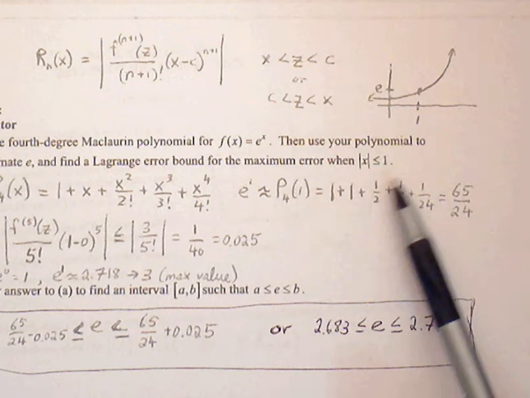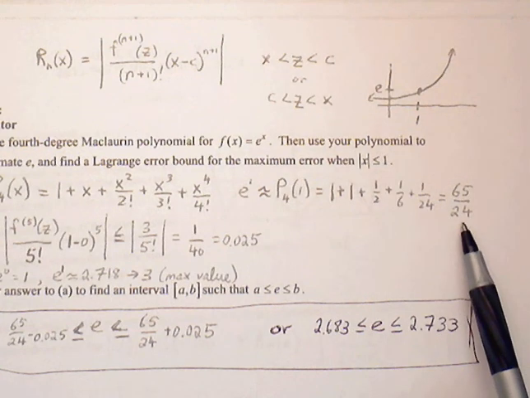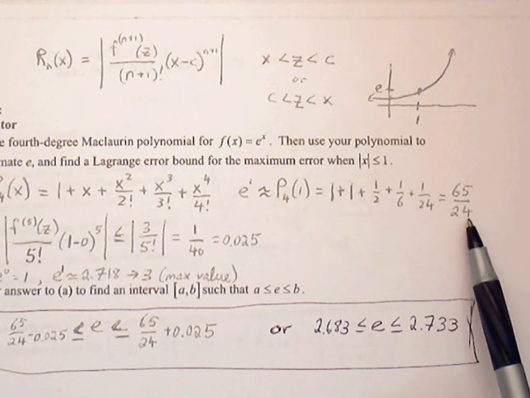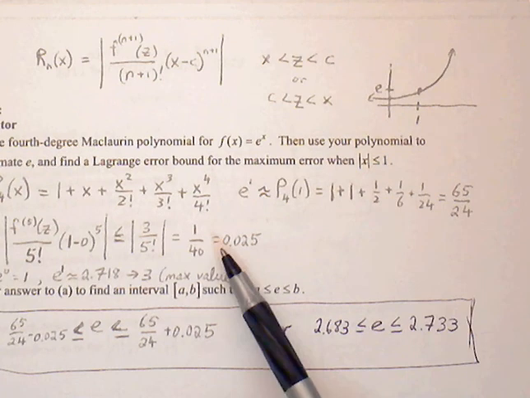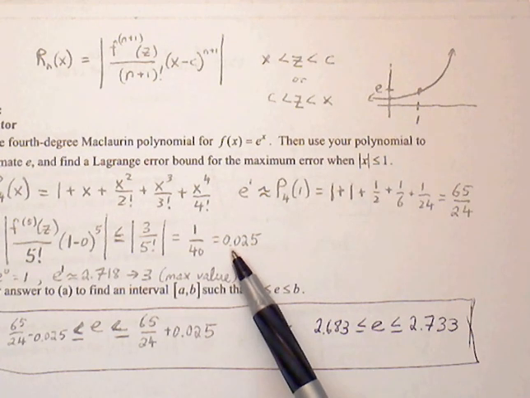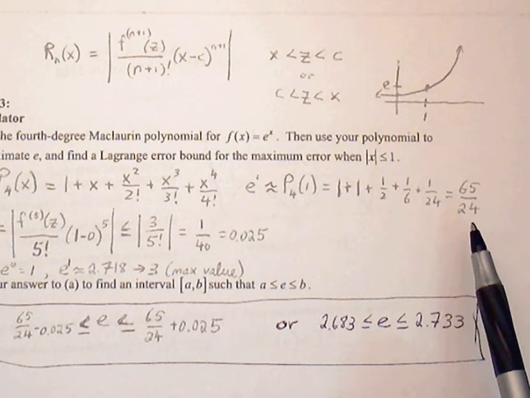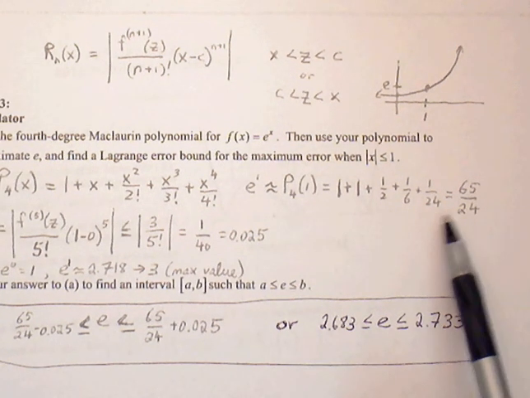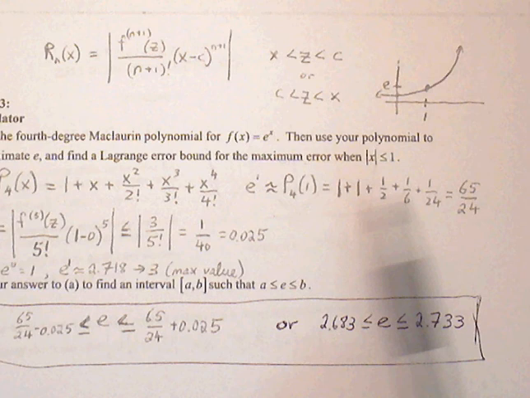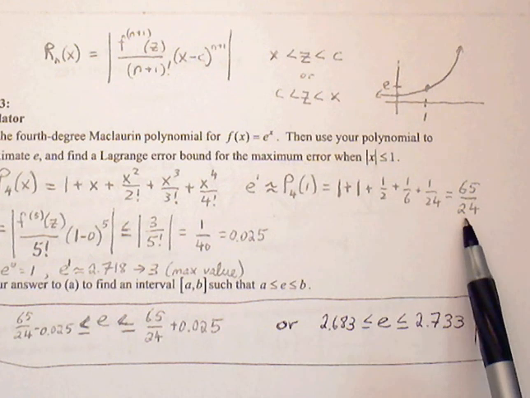Now we know the approximation with the fourth degree polynomial is 65 over 24. We know the error is 0.025. So therefore we know that our upper and lower bound must be, give or take, this 0.025 off of this approximation.